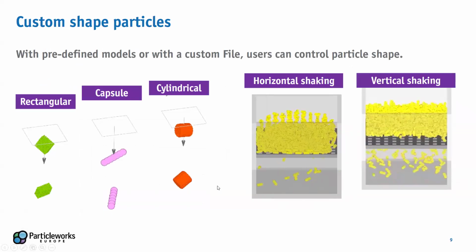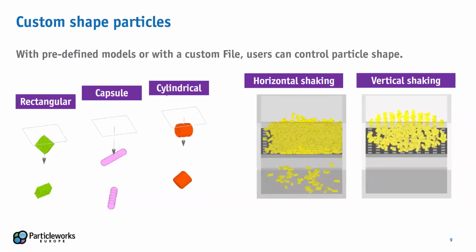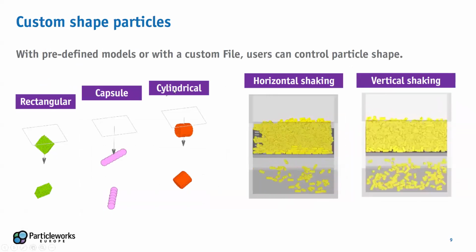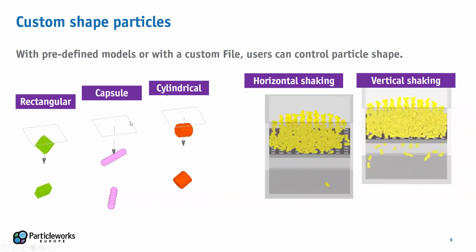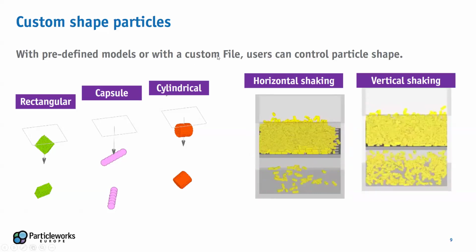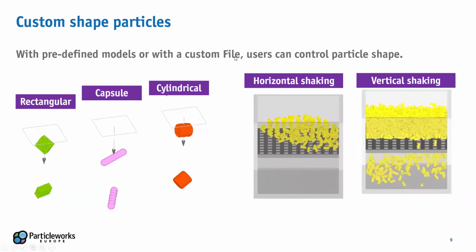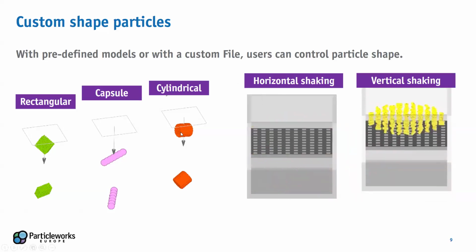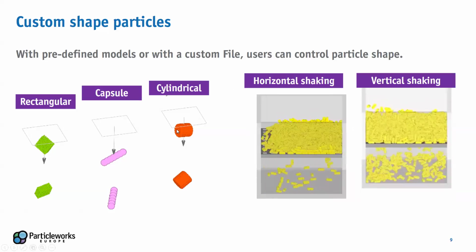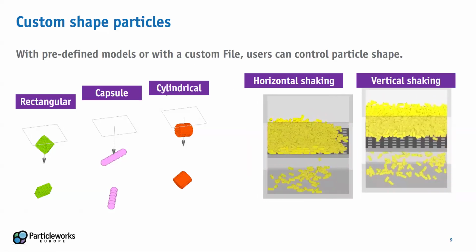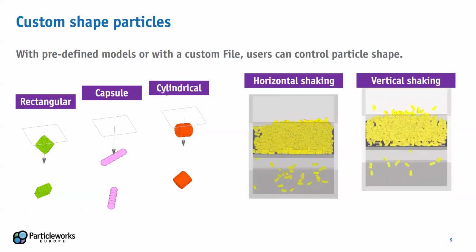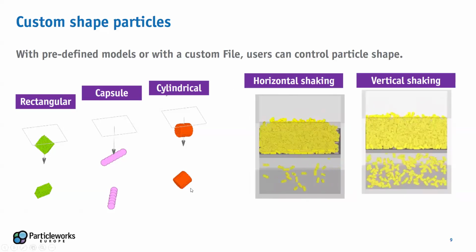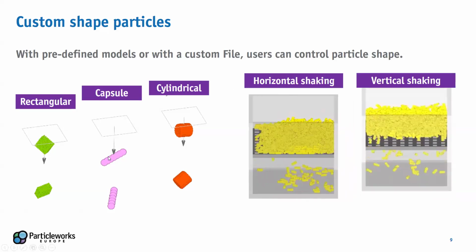Talking about the shapes of the particles, we can also have not only spherical, but rectangular, capsular, and cylindrical shapes, but actually also custom defined files defining the dimension and the structure of these particles. So there is a very wide range of applications here that are now possible, especially with the new release that integrated these capabilities.